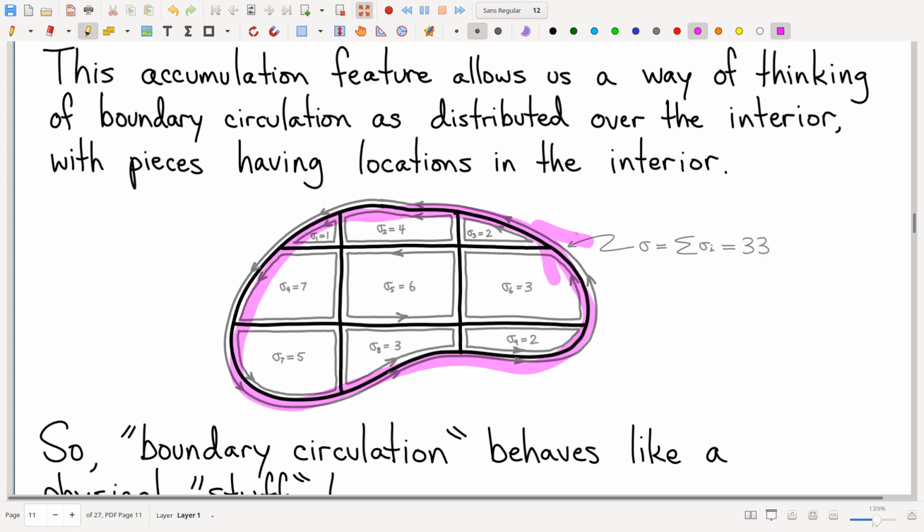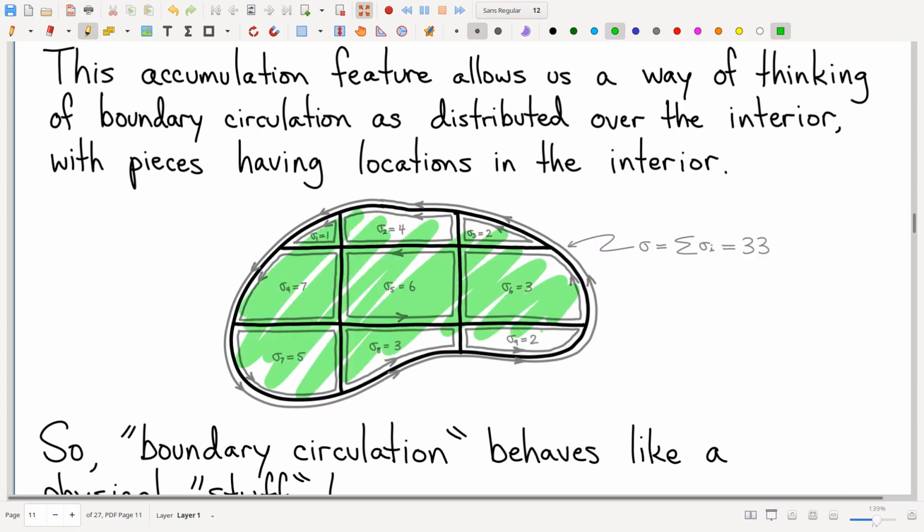But very importantly, we want to think of boundary circulation as being something that we associate to the region itself. Now, we don't compute it on the region itself, but it is what we get from looking at the region itself. After all, it is the region itself that we are chopping up into pieces.